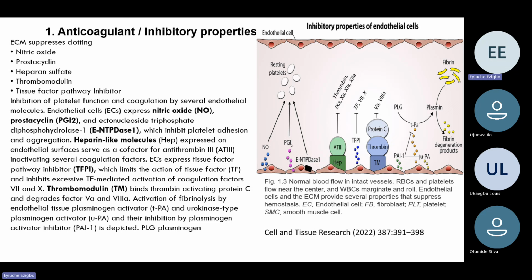And the prostaglandin and the plasminogen activator inhibitor also play parts in fibrinolysis. So these are some of the functions of the endothelial cells as per the anticoagulant or inhibitory property of the endothelial cells. Okay.